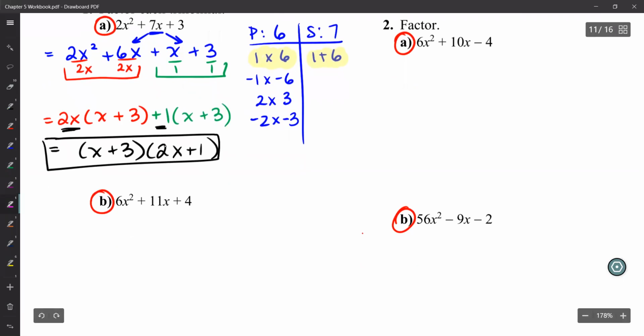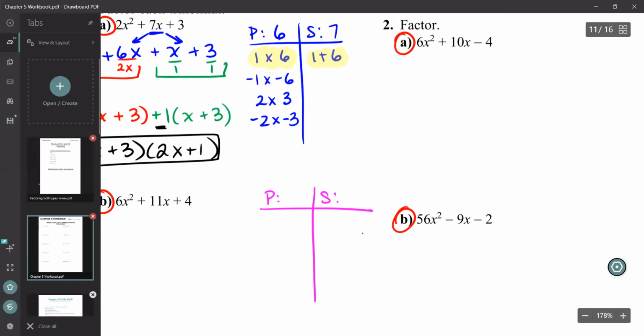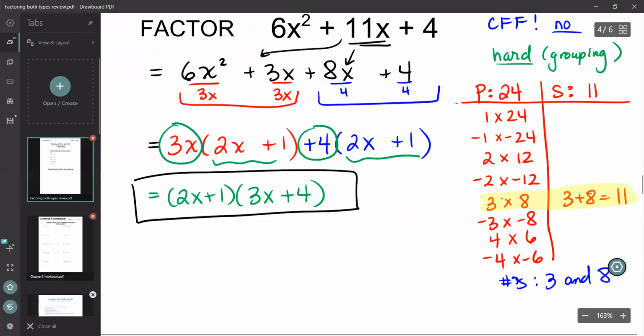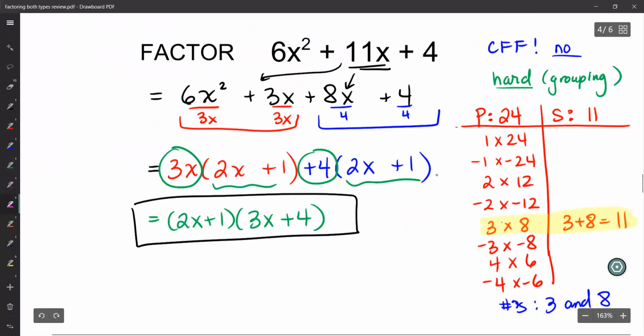Okay, can someone take us through part B here? Who got 1B? Melody, go ahead. Oh, did we just do this one in our lesson, actually? I think we just did this one. Yeah, we actually just did this one.